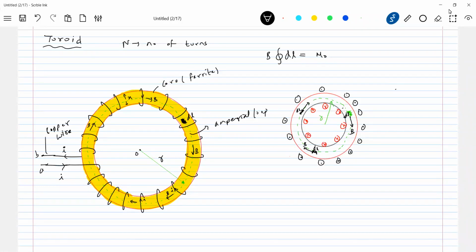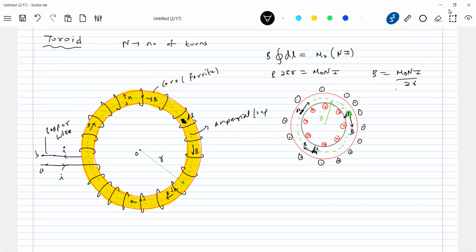Now write it. How much current will it enclose? I think eight I's, and so on. How many are there? Ni. And if you integrate dl over the closed path, you get 2 pi r. So finally, what is B bar? Mu naught Ni by 2 pi r.